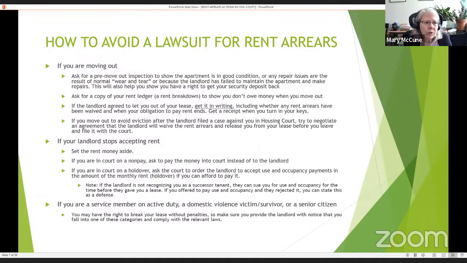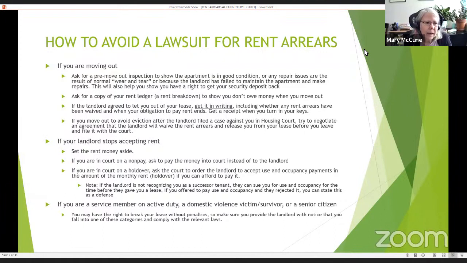So if you are moving out, what I have seen happening is landlords claiming after tenants move out that they owe rent arrears from before the time they moved out, or because they damaged the apartment and the landlord had to spend money to repair things that are more significant than normal wear and tear. So that's usually when this comes up.